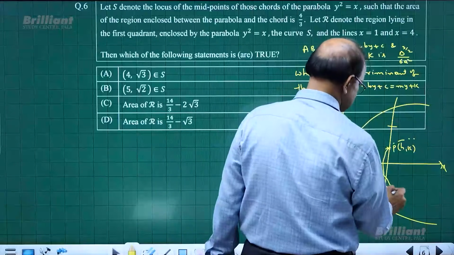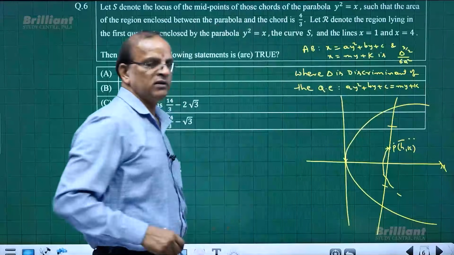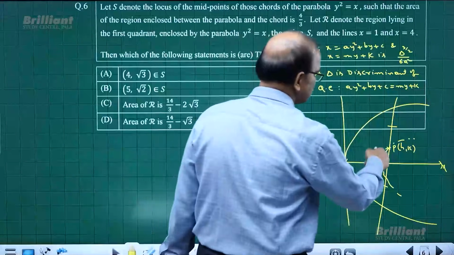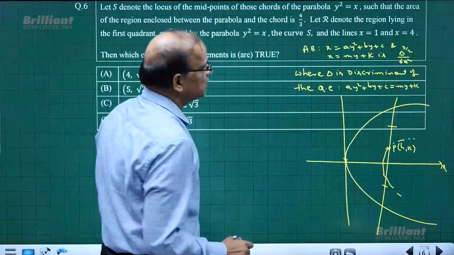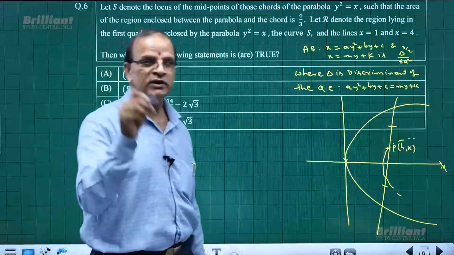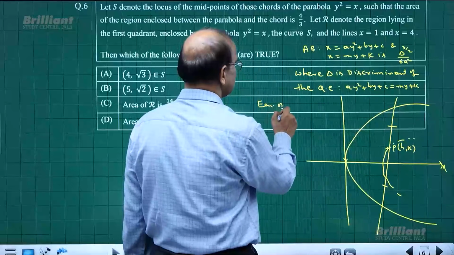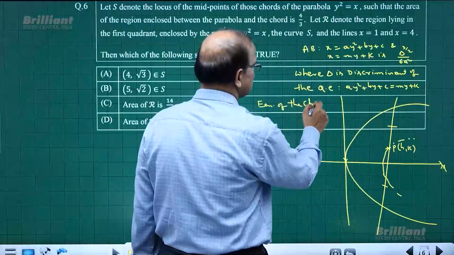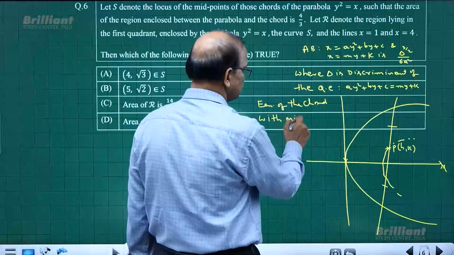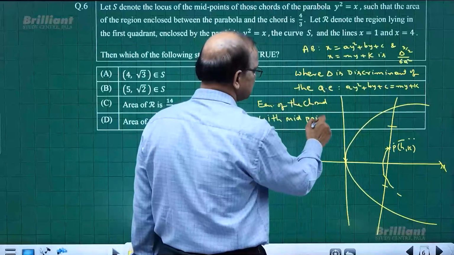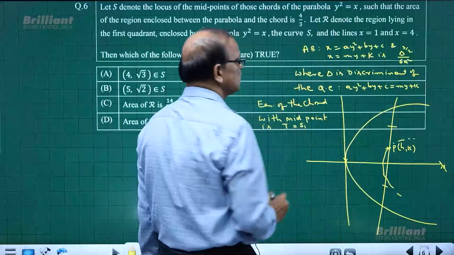This is a midpoint. Now, this area is 4 by 3. Okay, this area is 4 by 3, right? So therefore, we can find the equation of the chord with midpoint h comma k: T is equal to S1, right.